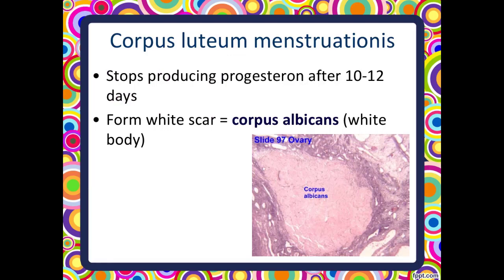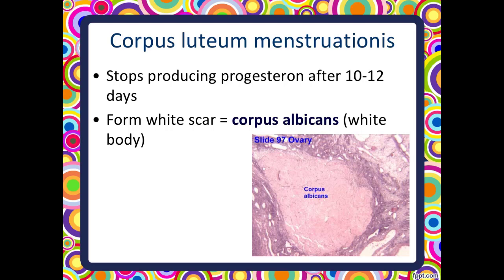So we have some types of corpus luteum development. In the case that there is no fertilization, it is called corpus luteum menstruationis, which stops producing the progesterone after 10 to 12 days.